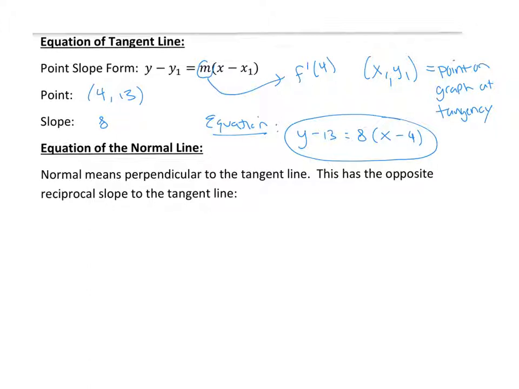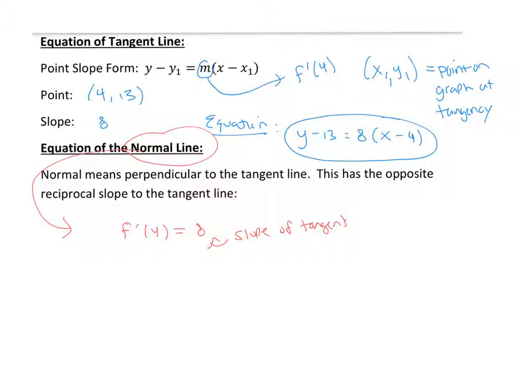Sometimes you're asked for the equation of the normal line, and the normal line is a line that's perpendicular to the tangent line. So our slope, f prime of 4, was 8, and that was the slope of the tangent line.